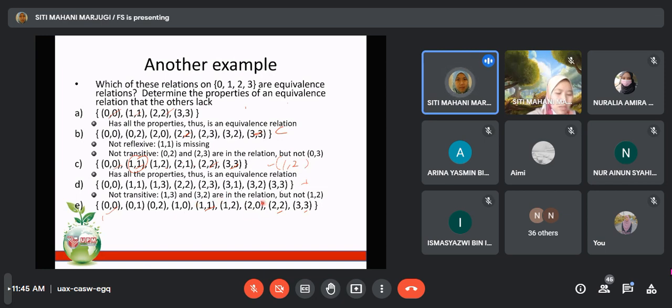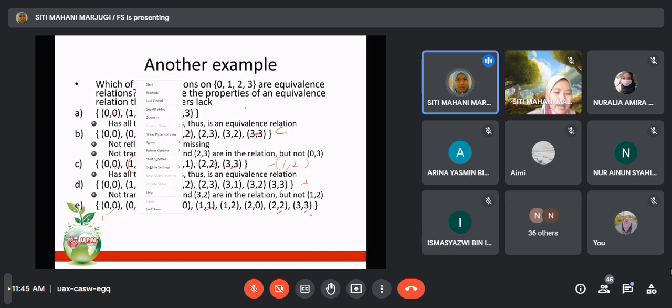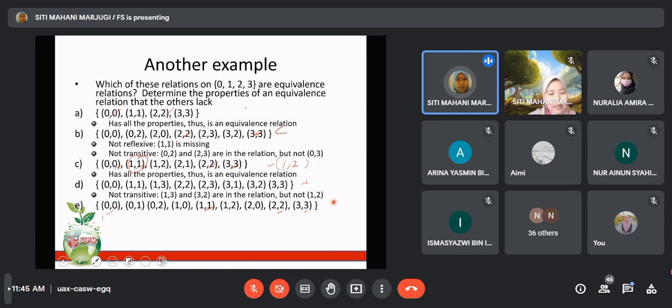2,0, 0,0. So 2,0 juga. Okay, ada lagi ni. 2,0, we have another one. 0,1. Suppose we have a 2,1. 2,1 here. No kan? Tak ada kan? Ada ke? 2,1. Ada tak 2,1 here? Tak ada. So this is not transitive.